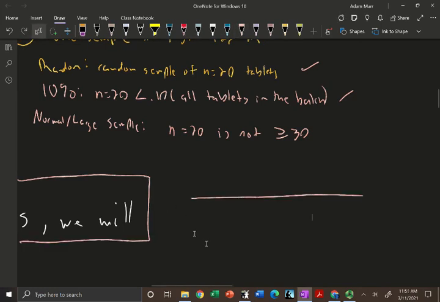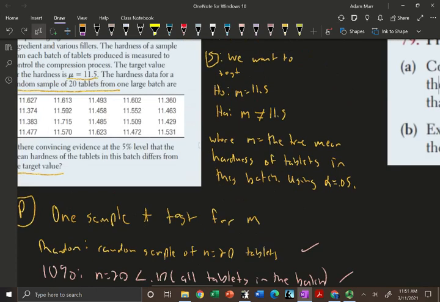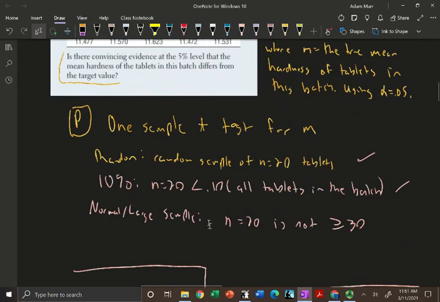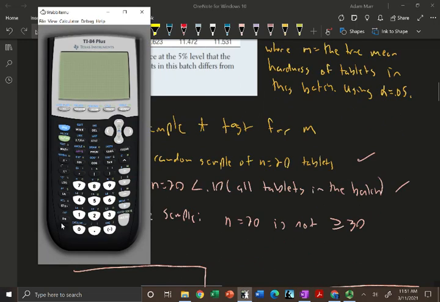I have to put all of these data values in the calculator because they're not organized from least to greatest, so I'm going to put them all in, which I already did. Go to Stat. They're already in there. So I'm going to go to Stat, then Sort Ascending, and second L1. There we go. Done. Go back to Stat, and it should all be in order.